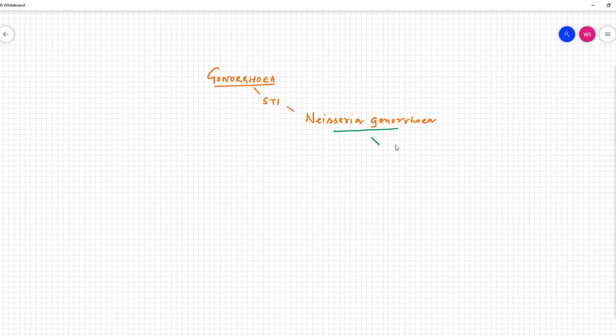Now, Neisseria gonorrhea is basically a gram-negative diplococci, meaning if you take a stain, you're going to find two of these cocci together.